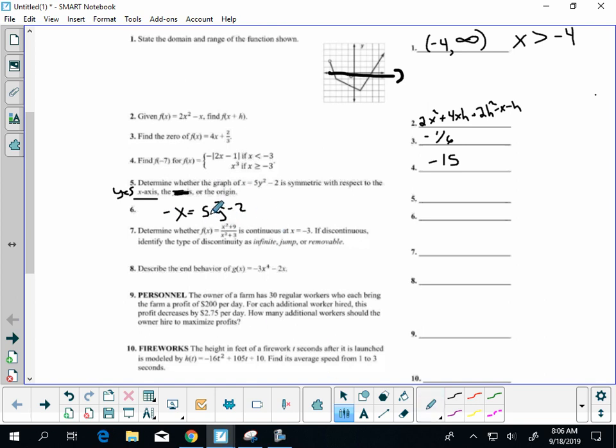You take out your y, put in negative y. Let's write that a little bit neater. So right now I'm doing the origin. And when I simplify it, the y becomes positive, but I still have the negative there, so that's a no. So the only one that is a yes is the x-axis.